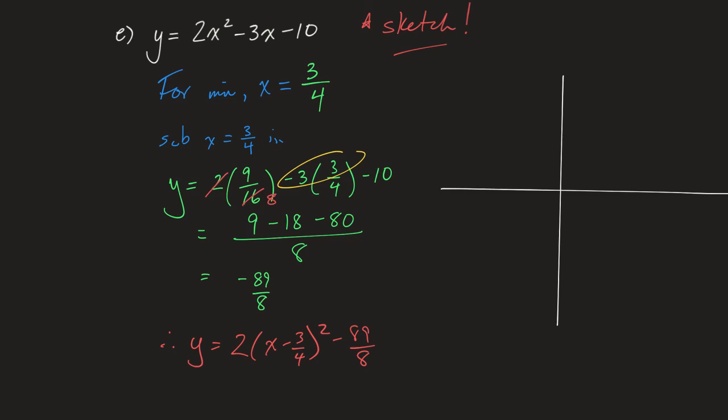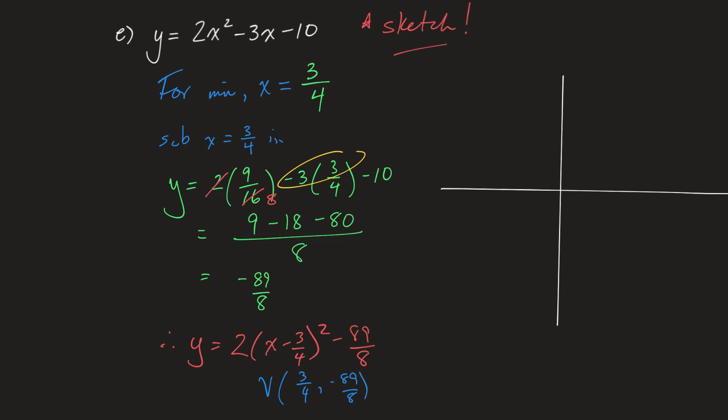So what I'm going to do is put on that most important point, that vertex. Again, 3/4, negative 89/8. So I'm going to imagine that I go over a little bit, 3/4, and I have to go down a bunch. Now, because I'm on different scales, I don't care about my axes. So maybe I end up saying that's where my vertex is.